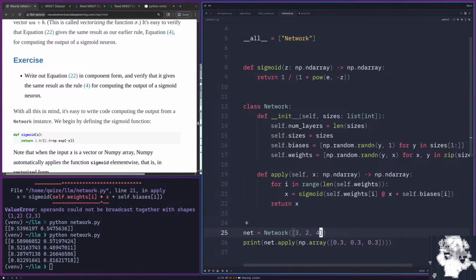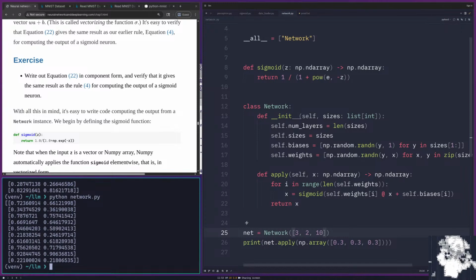Huh. Why is it giving me, it's not giving me the right shape of the output. It's giving me a 1x2 instead of a 1x1. So these things are not... I don't even know what could cause that.